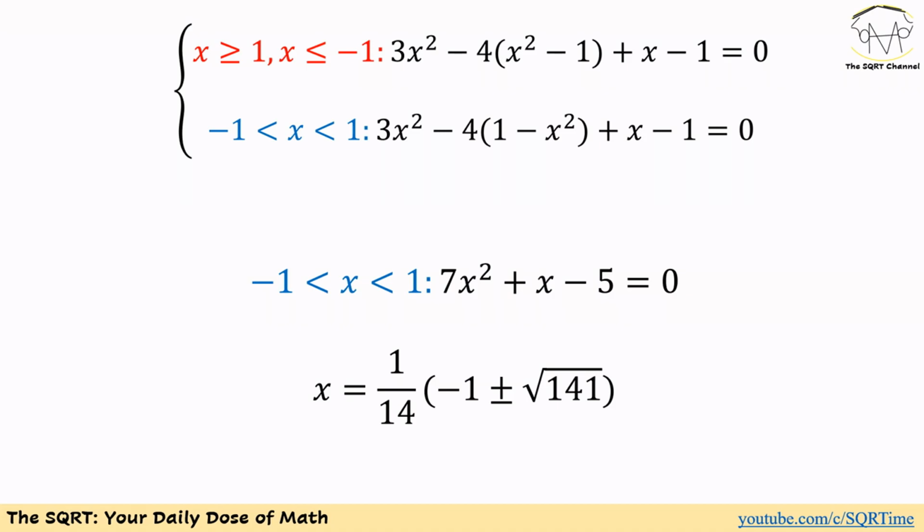If you follow the same approach, you will see that both of these values are between negative 1 and plus 1. So both are valid here as well. And this leads to 4 total solutions for the problem that we have in this video.